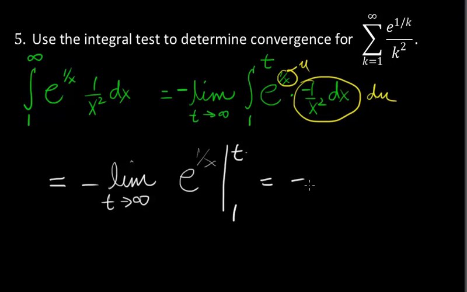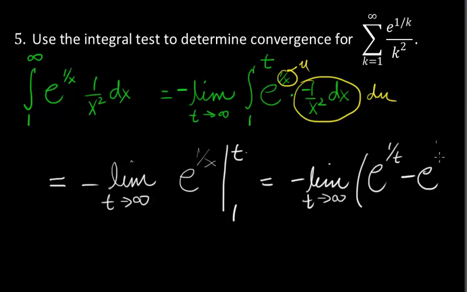So we have minus the limit as t approaches infinity of e to the 1 over t minus e to the 1 over 1. E to the 1 is e.